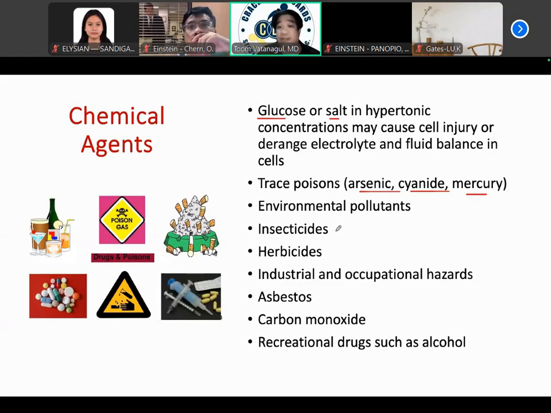There's now the mention of insecticides and herbicides, as well as industrial and occupational hazards. Asbestos is mentioned, cyanide, and recreational drugs, which now includes alcohol, which of course is the most common cause of fatty change in the liver, followed by dyslipidemia or hypercholesterolemia. So please take note of this.